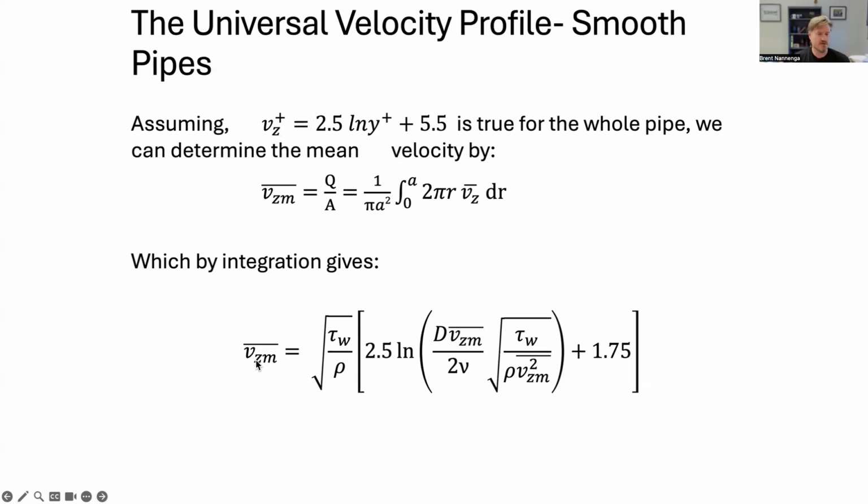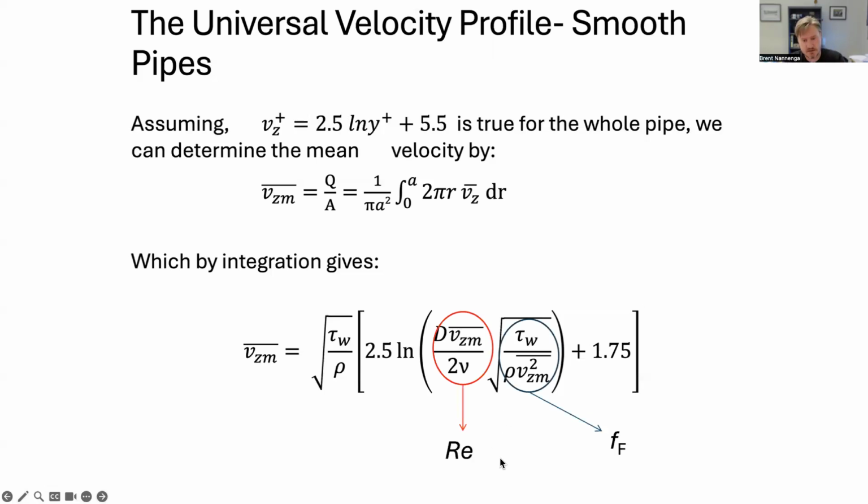Or if you remember the earlier chapters where you're doing macroscopic fluid mechanics, this would just be your mean velocity through the pipe. We can calculate that using this equation here. We're not going to go through this derivation in the interest of time, but if you were to do this, you would end up calculating this equation here, which looks very similar to the other equation, except now we still have 2.25 for B, but instead of 5.5, we have 1.75 for this constant.